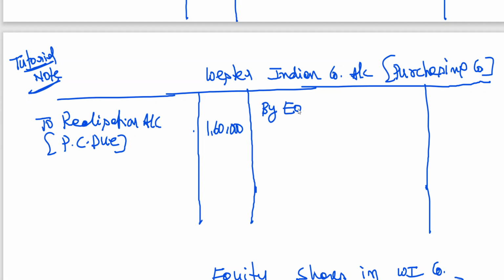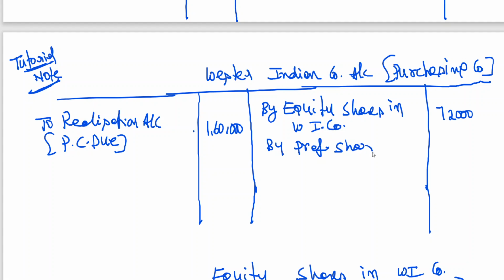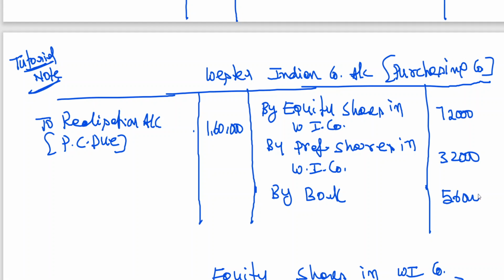We are having two types of shares: equity shares in Western Indian Company 72,000, by preference shares in Western Indian Company 32,000, by bank cash 56,000. Tallied 1,60,000. So purchase consideration has been discharged.